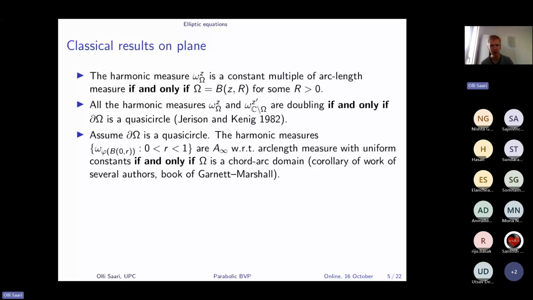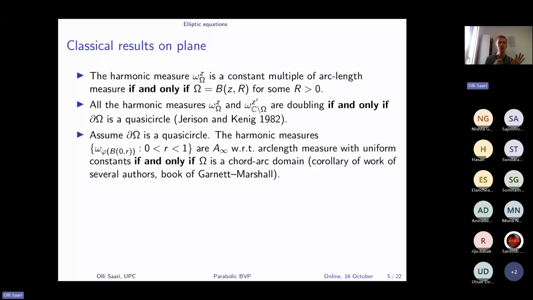We take the shorter one, and we choose a point from the shorter component. And now we draw a triangle with these 3 points. And we say that the smallest side of the triangle must be bounded by a constant times the sum of the longer sides. So we are basically reversing the triangle inequality up to a constant. This is a way to say that there are no cusps.